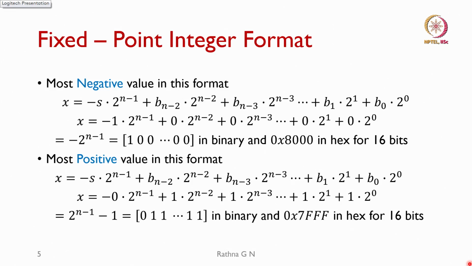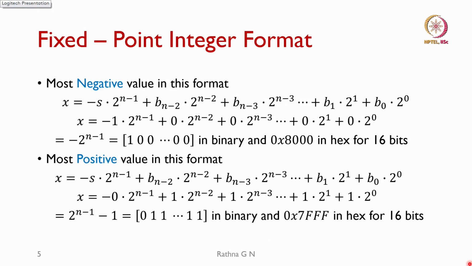0x8000 in hex. The most positive value in this format is given by minus s into 2 power n minus 1 plus the remaining bits, as we have represented earlier, and the sign bit is going to be 0 for positive numbers. So, x is represented as minus 0 into 2 power n minus 1, and we consider all the rest of the bits as 1. Then the number representation is equivalent to 2 power n minus 1 minus 1.